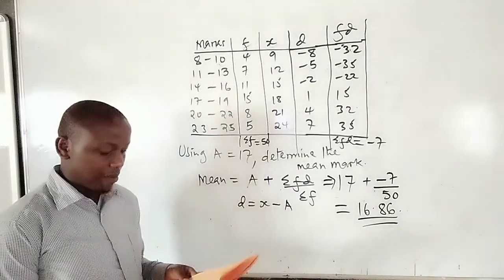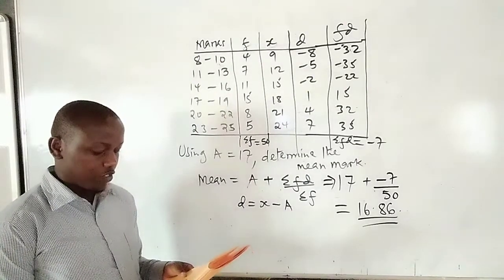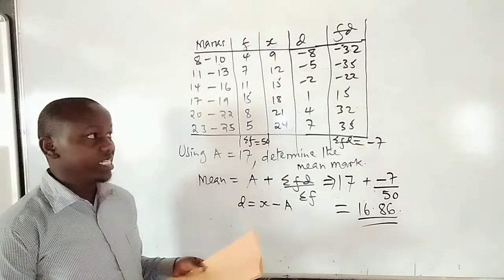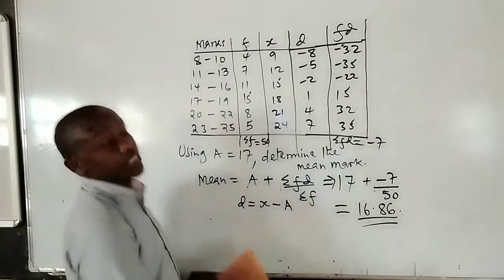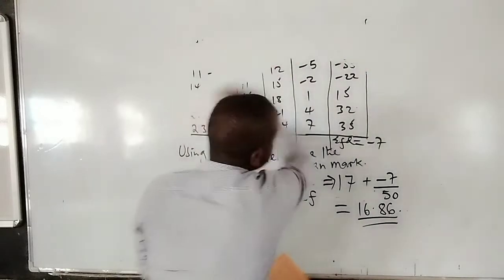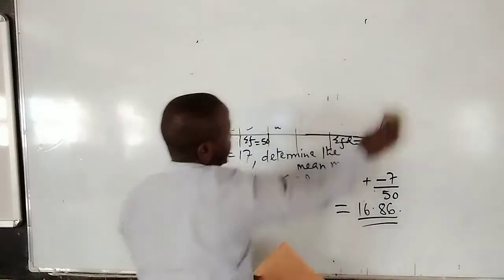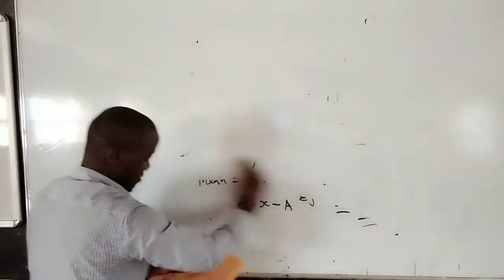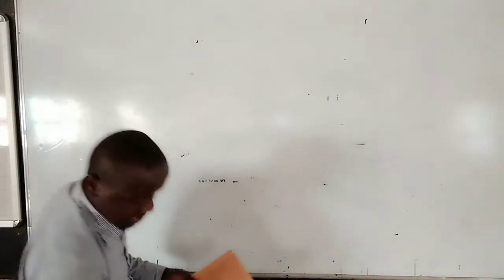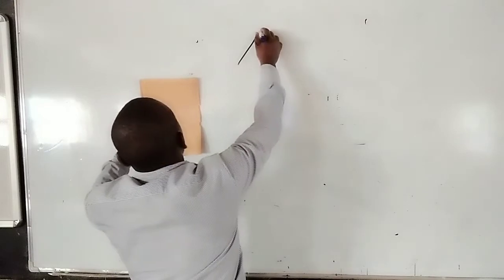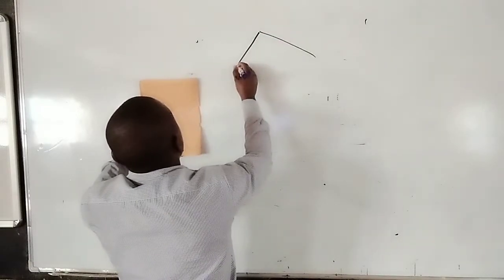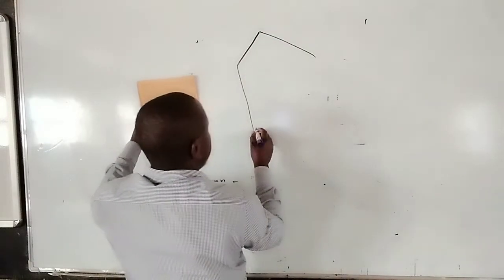The figure below shows the angles of a polygon ABCDE. So the polygon has 5 vertices. It's not regular.